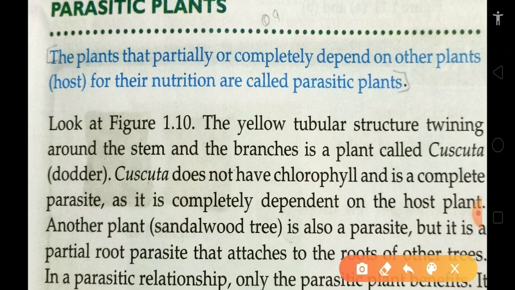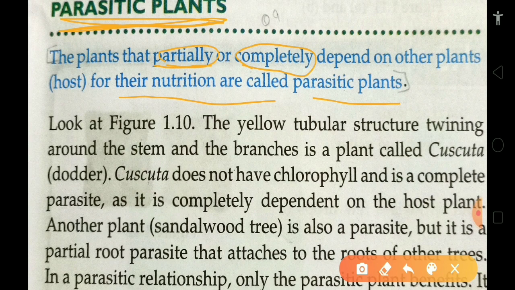Parasites are plants that partially or completely depend on other plants, that is the host, for nutrition. Partially means a little, completely means fully dependent on other plants to get food or nutrition. That is known as a parasitic plant.